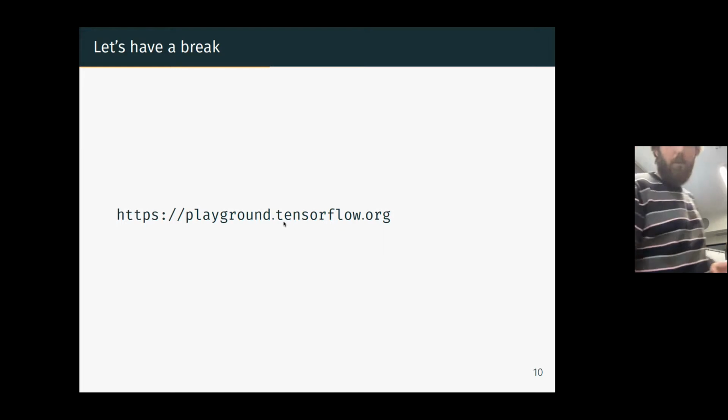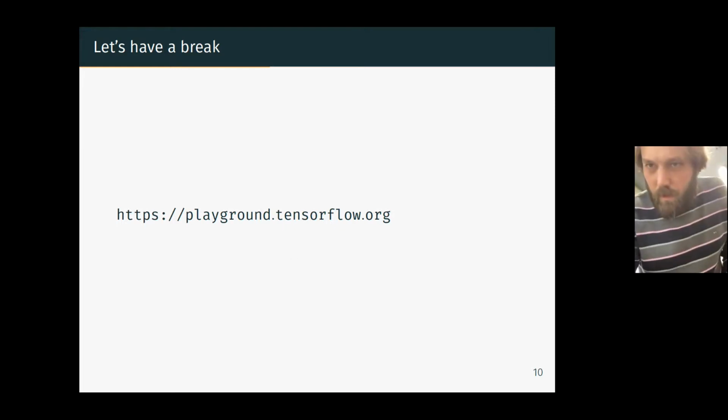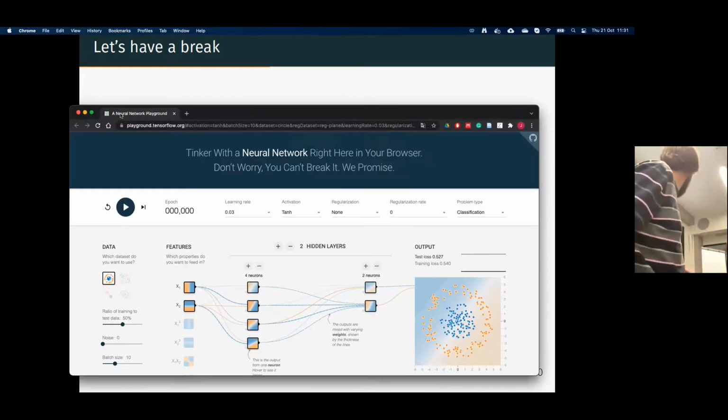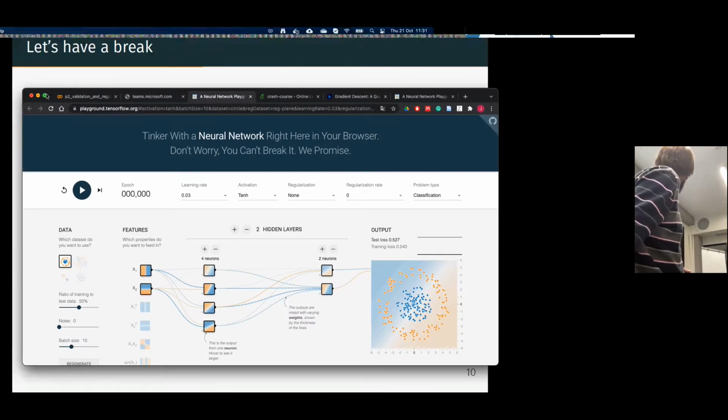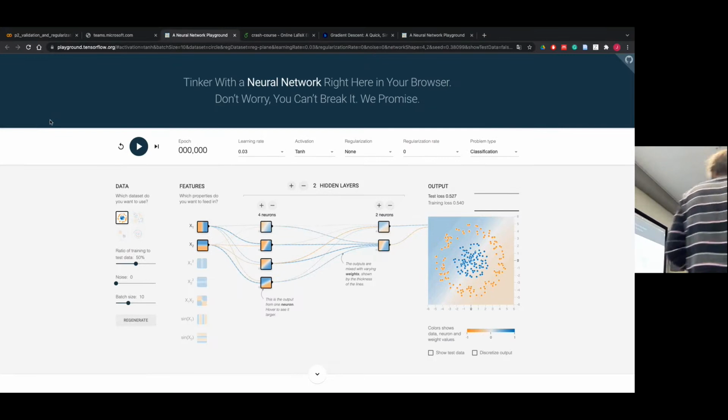Okay, it doesn't work. Yeah, it works here, actually. Let me put that here. Okay. So this is done by some team in Google, and it's just a nice visualization of different types of neural networks.